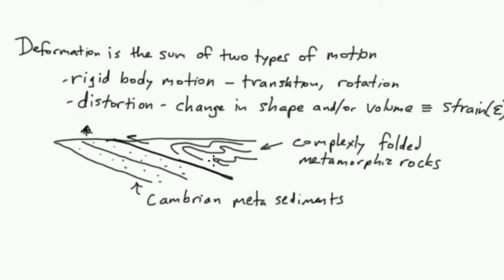And above, we see these complex folds. As we talked about in the first class, most geologic features start out fairly planar or fairly equant or roundish. So these folds suggest that there's been a change in the shape of this material.